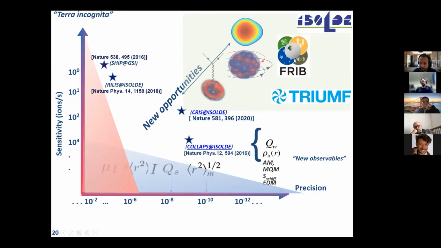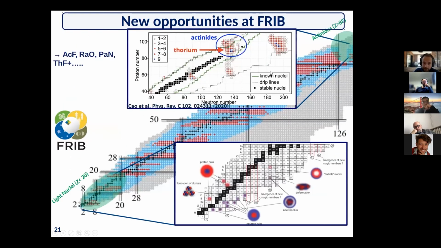And especially the FRIB facility, the Facility for Rare Isotope Beams in the US. Because this facility is going to produce all of these actinides that are poorly known so far, in very large quantities. What is fun is that actually it will be the garbage of this facility in many cases, because they will do nuclear reactions with high energy, they select only one isotope and they throw away most of the isotopes.